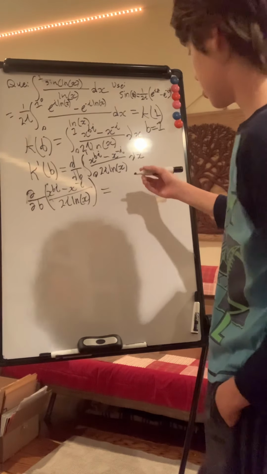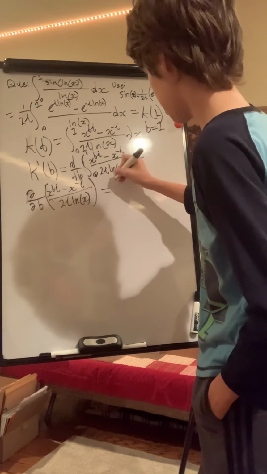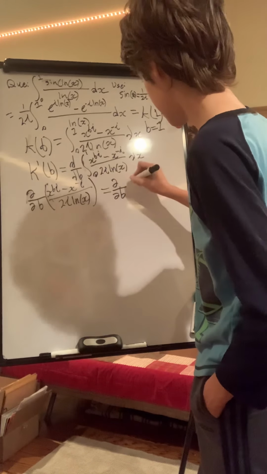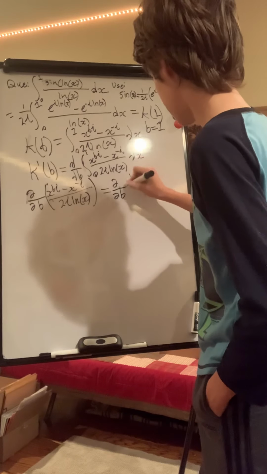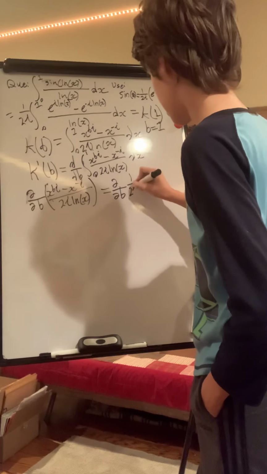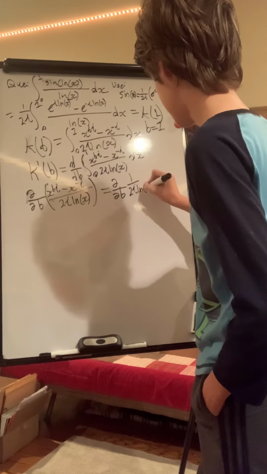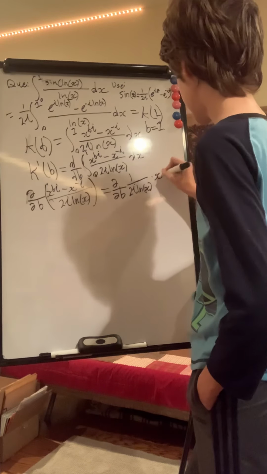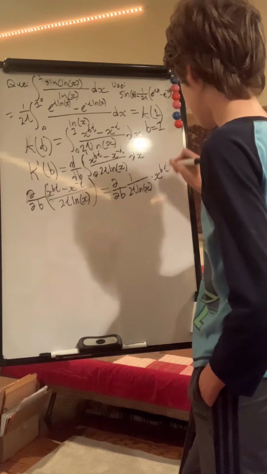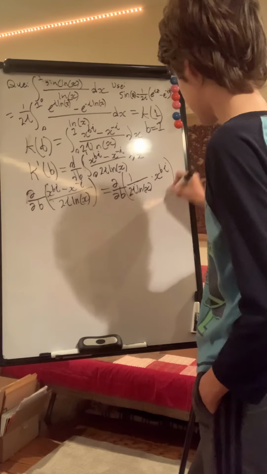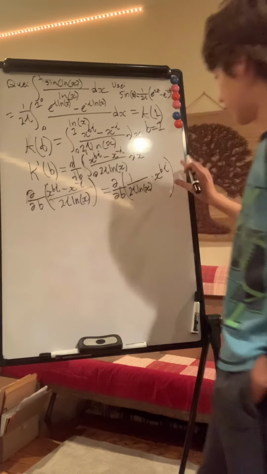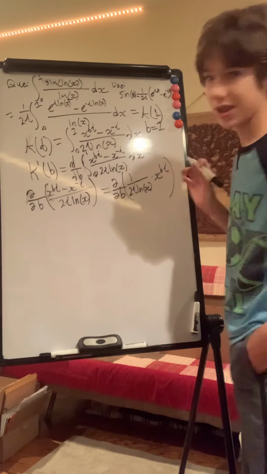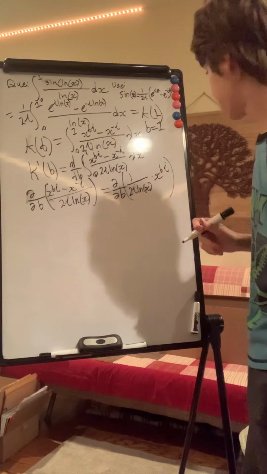So we're looking for the partial derivative with respect to b of 1 over 2i ln x times x to the bi, parentheses, of course.